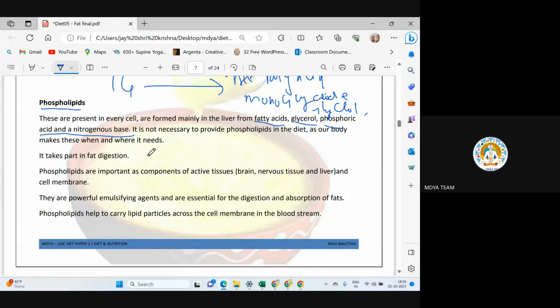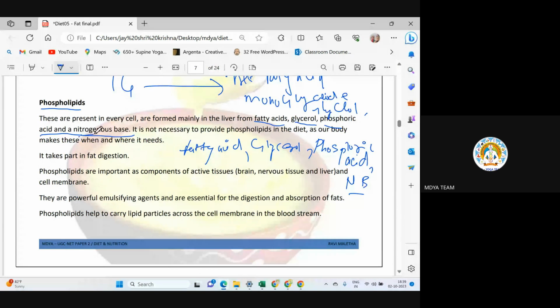You just need to know that triglyceride has fatty acid and glycerol, and phospholipid, along with fatty acid and glycerol, has phosphoric acid and nitrogenous bases.